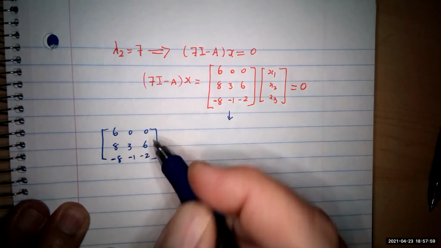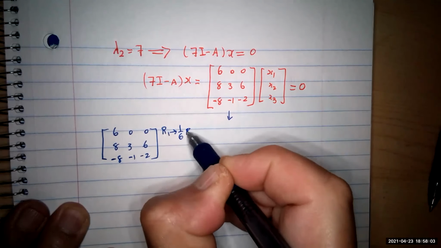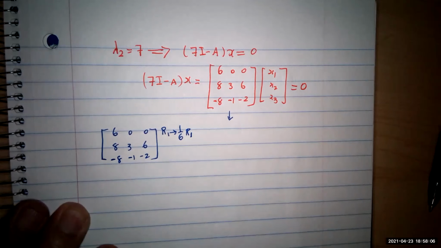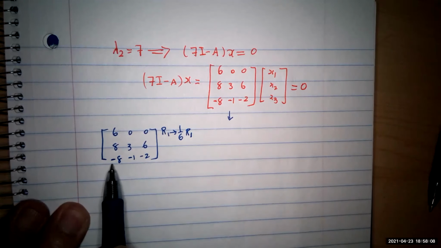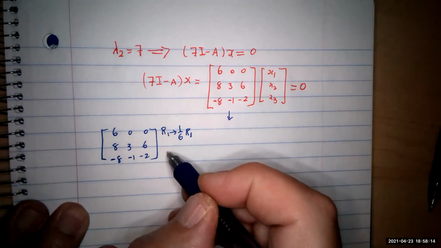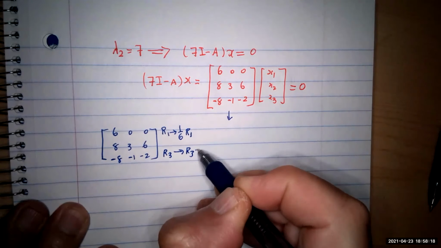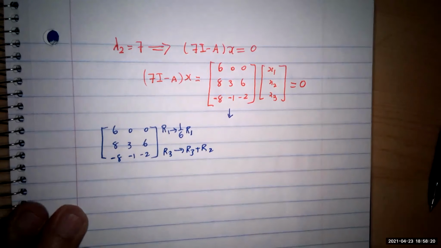I need a 1 here. That's easy. I change it into 1/6 of R1. Okay, that would be helpful. And I just add these two together so that I get 0 here. At the same time, I'm going to change R3 into R3 plus R2.